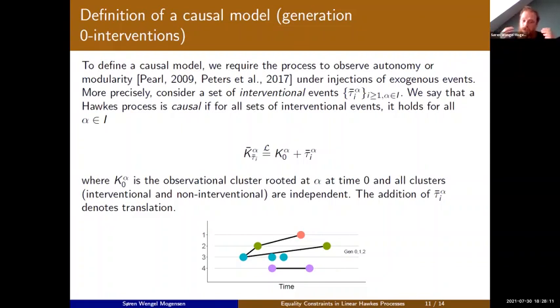But you can also do it in a different way. You can define them as branching processes. And in the bottom, I have a plot. Essentially, you can give an equivalent mathematical definition of these processes where one event actually does create new events with some rate.